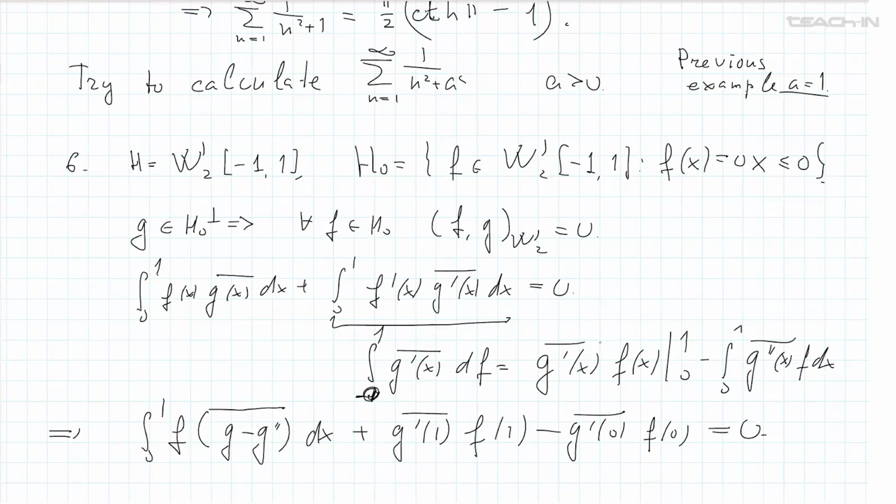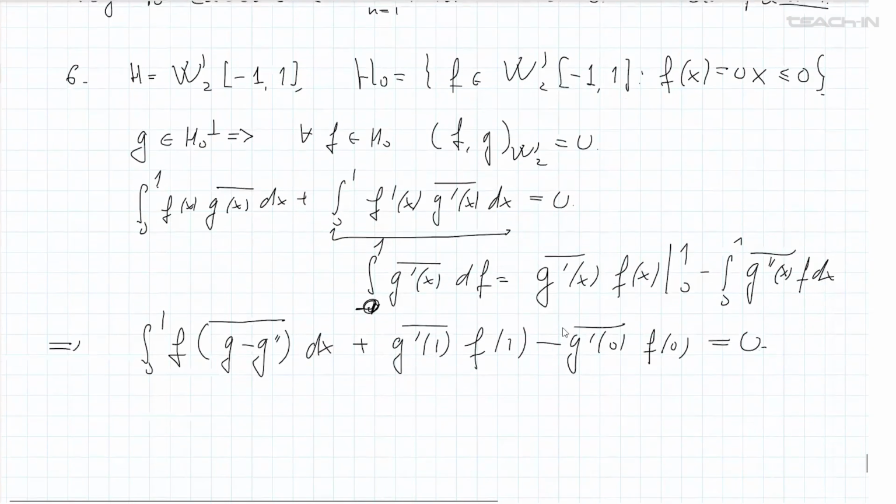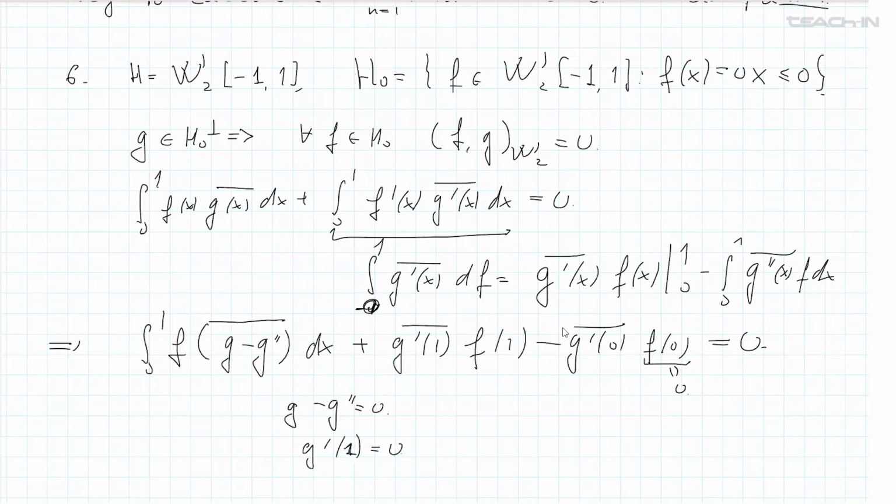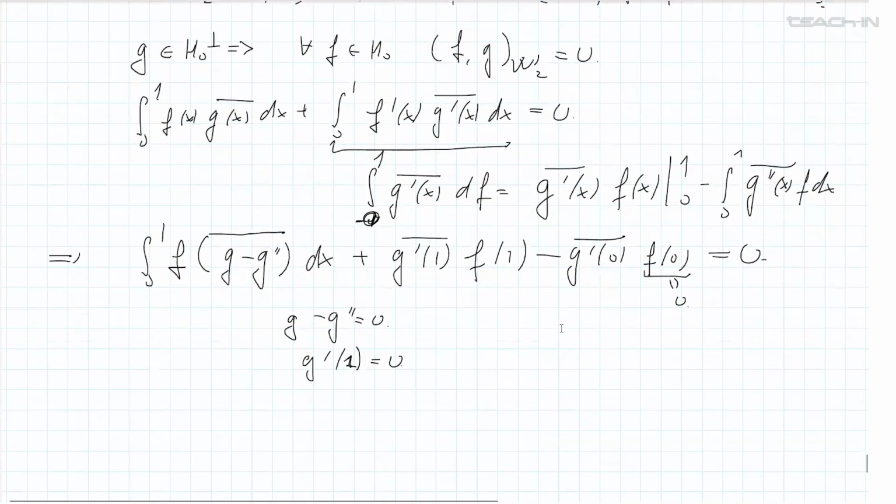This must be 0. But this term is 0. So when can it be 0? For example, we obtain such a problem, and so let's try to find the solution.